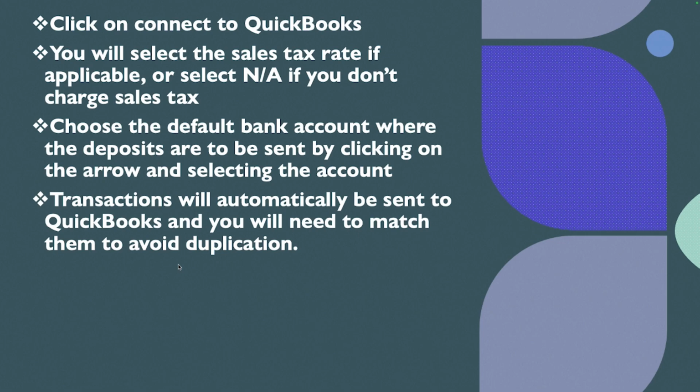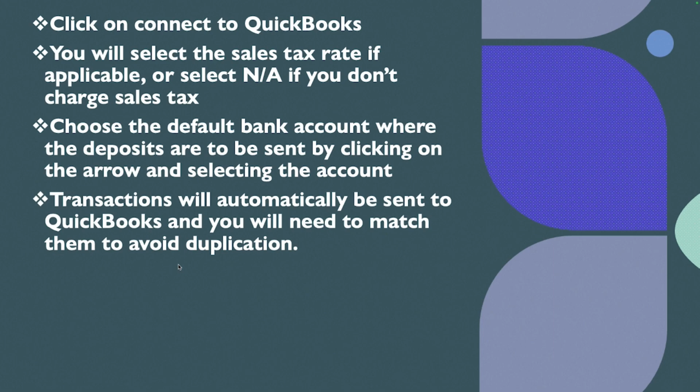And most important, if you charge sales tax, you have to turn on sales tax in QuickBooks. If not, those transactions are not coming with sales tax, so it's not going to work out for you. You want to make sure that you set up sales tax in QuickBooks first, and then you select sales tax here. Now, if you don't charge sales tax because what you provide is just service, and you don't pay sales tax, then you don't have to worry about it.